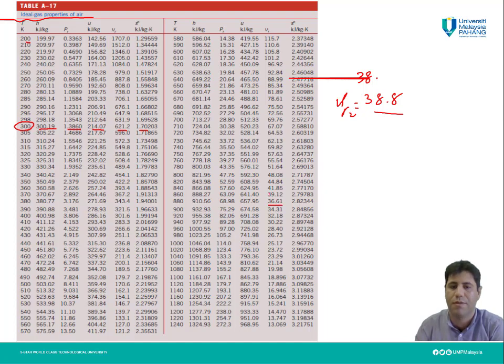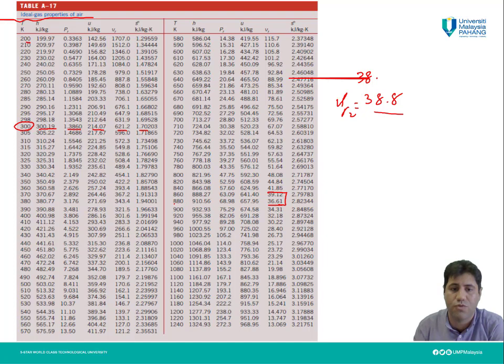It means the VR which we have here is between these two. So to find the temperature and all the other properties for this state, we have to do interpolation. How can we do that? First of all, let's see what properties we are looking for.